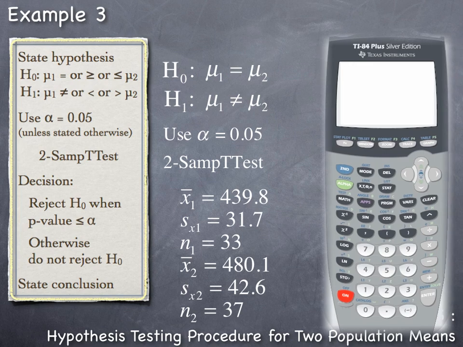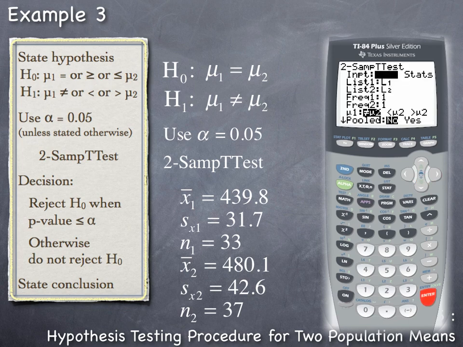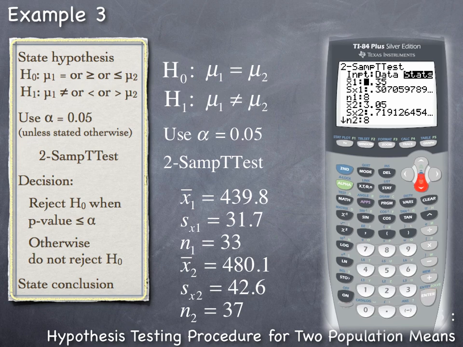So on the calculator, we could press Stat, arrow over to Tests, and then down to 2-SampTTest. Enter. Now for input, we have the actual sample statistics. So we arrow over to Stats, press Enter to select. Then down arrow. We enter in the stats, starting with x bar 1, 439.8.